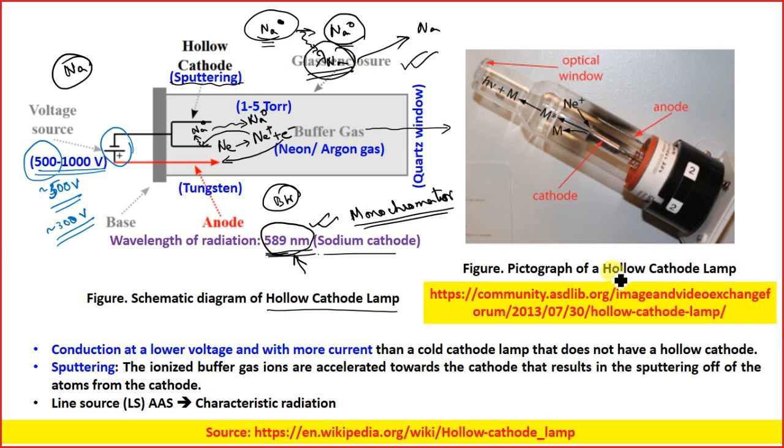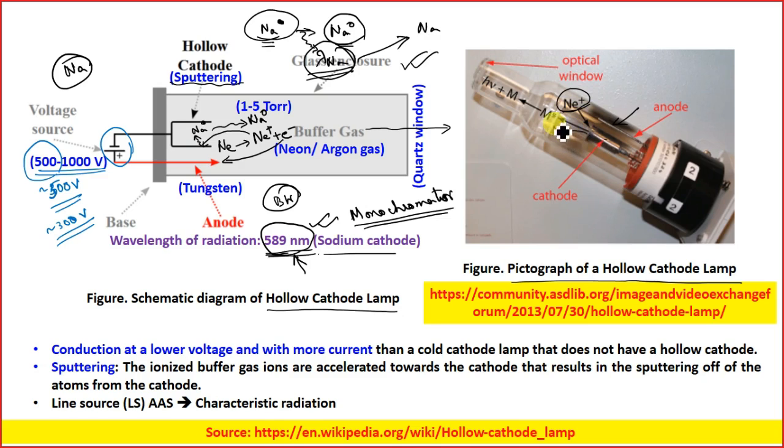So this is a pictograph of a hollow cathode lamp. If you see, this is the cathode, this is the anode. It is appearing as a lamp. It is appearing as a wire over here, and then you have this cathode. In between, you have these Ne plus ions, which are being excited.